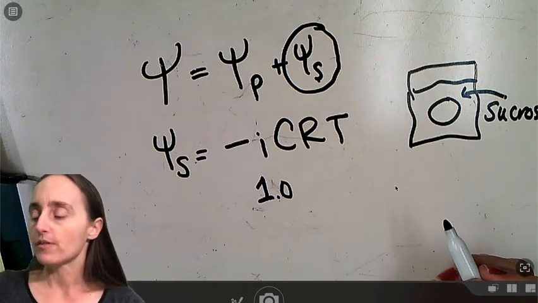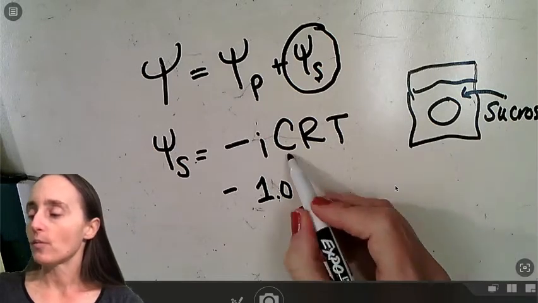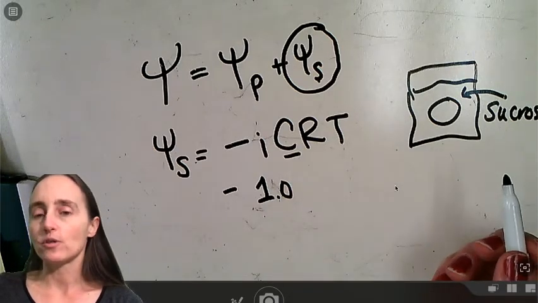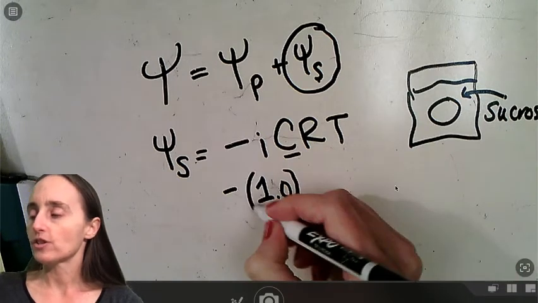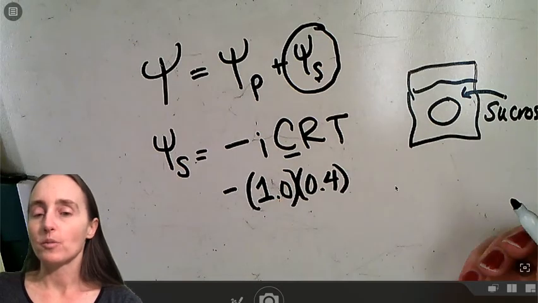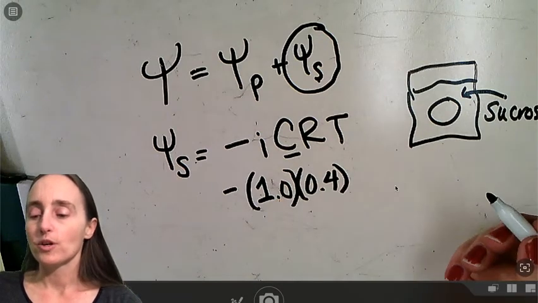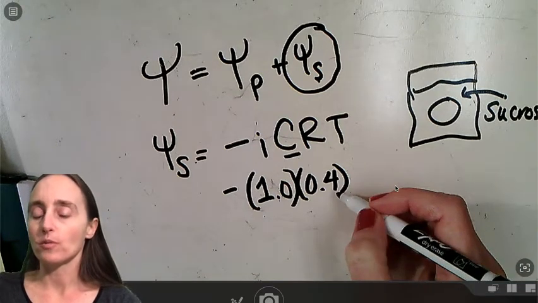Make sure you always have your negative sign. It's important. And then we have to say, well, what's the concentration of sucrose in our solution? Okay, so these are all multiplied together. Concentration, maybe it's 0.4. That would have to be given to you, by the way. So then you'd put your concentration on there. And that's the molar concentration, so 0.4 moles or whatever.